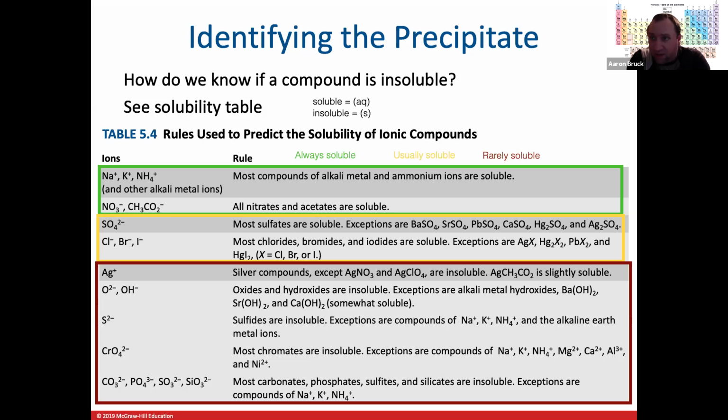So if I tell you this and this come together, you should have access to a solubility table like this to tell you, okay, that's soluble, or no, that's insoluble. So bookmark this somewhere, table 5.4 in your textbook. When it comes to evaluating double replacement reactions, this is an invaluable source.